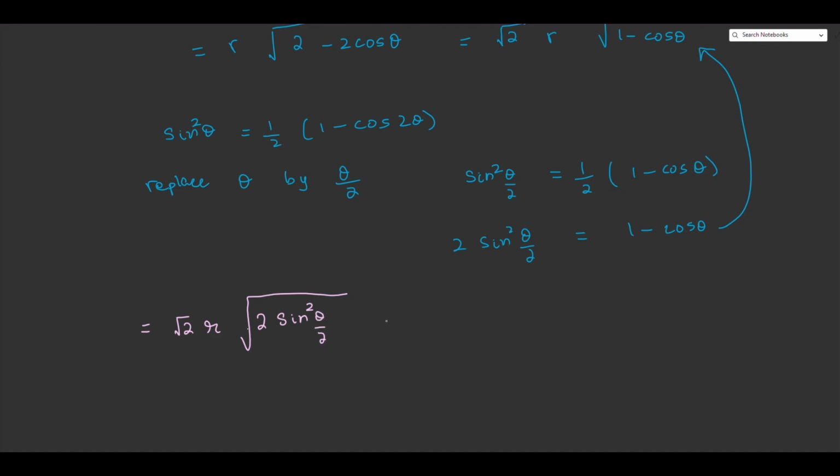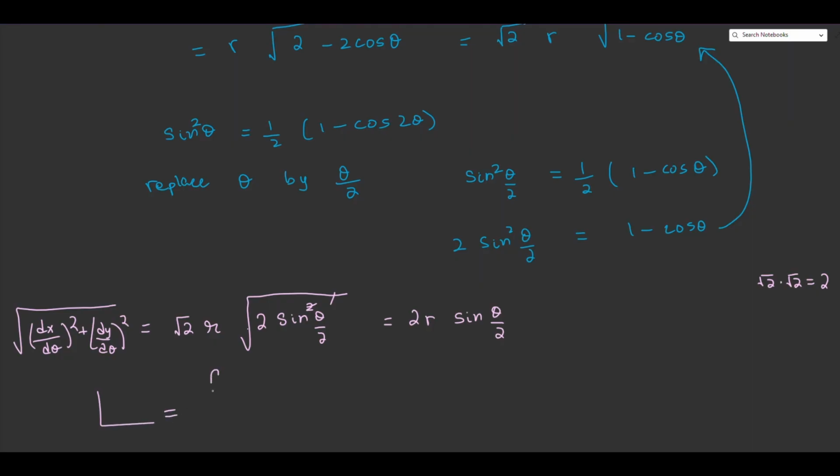When you simplify this, remember square root of 2 multiplied with square root of 2 becomes 2. So outside you will get 2r, and the square cancels with the square root, and the answer will be sine theta by 2. And remember, this is the square root of dx by d theta whole square plus dy by d theta whole square. Now we substitute this in our formula, and then we can find the length.